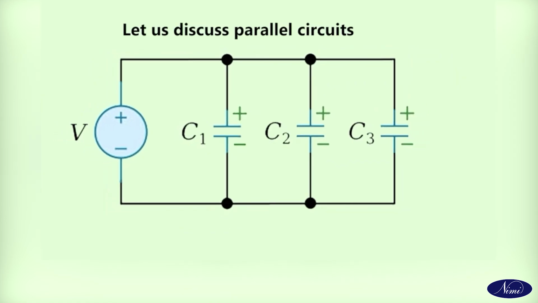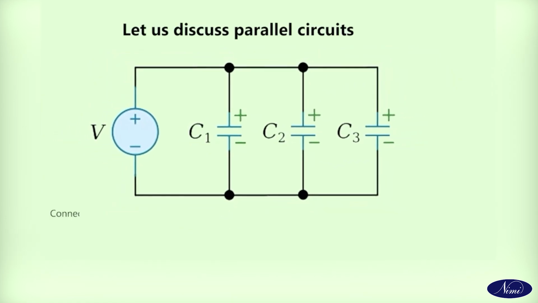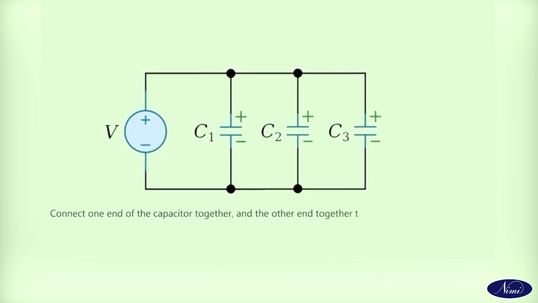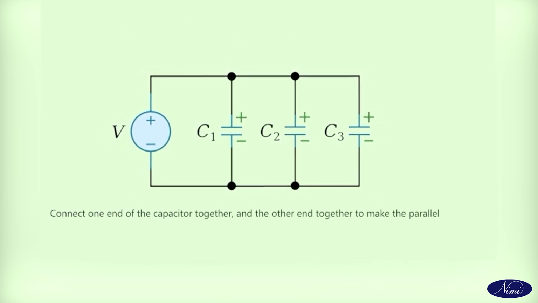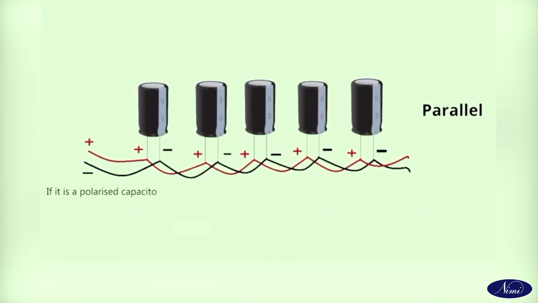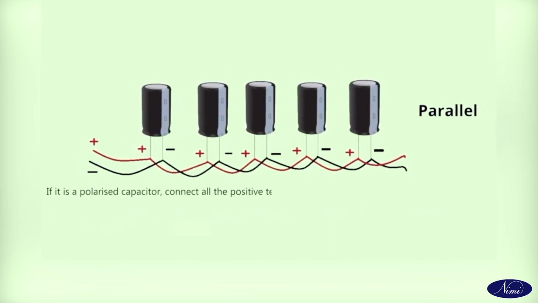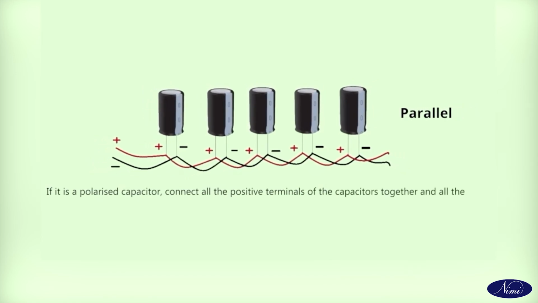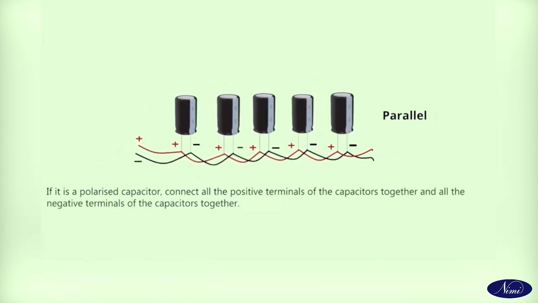Let us discuss parallel circuits. Connect one end of the capacitors together and the other ends together to make the parallel connection. If it is a polarized capacitor, connect all the positive terminals of the capacitors together and all the negative terminals together.